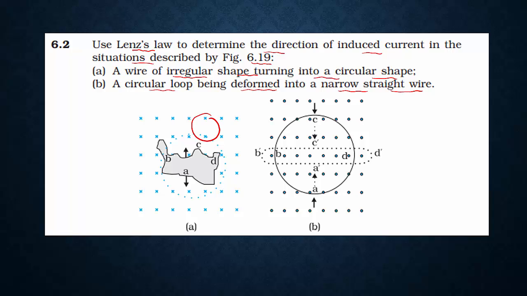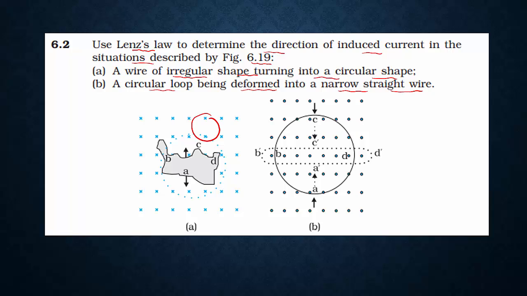If the original flux is clockwise, then the induced flux is produced anti-clockwise. For this, the induced current should flow in the anti-clockwise direction. It means the direction of current will be along A, D, C, B, A.